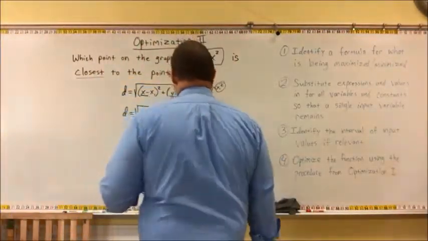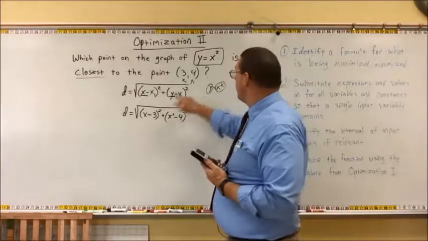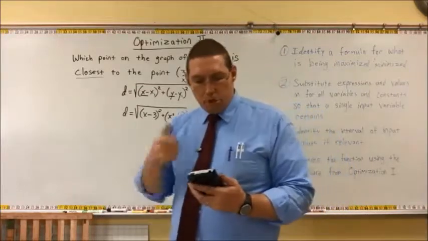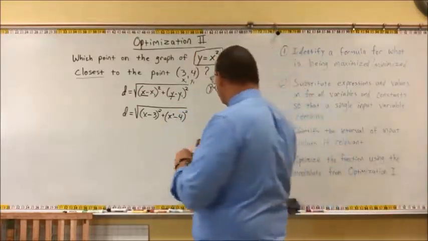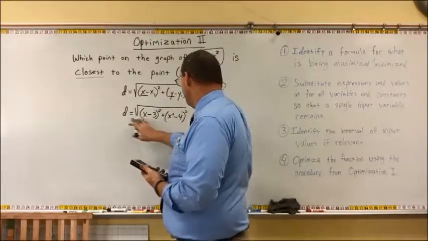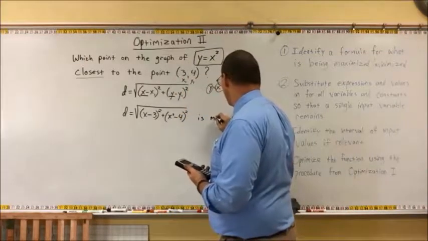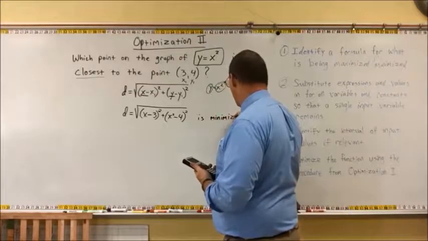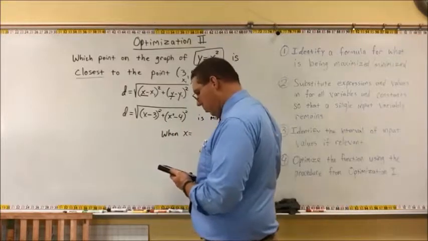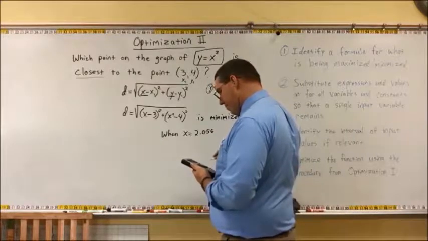Except, here's the thing. That is the output value on the distance. That's not the output value on y equals x squared. We want the point on y equals x squared. So we'll take the x value, which is, so this is minimized, the minimum of the distance is minimized when x is equal to 2.056544.